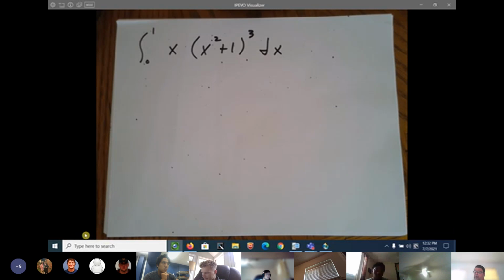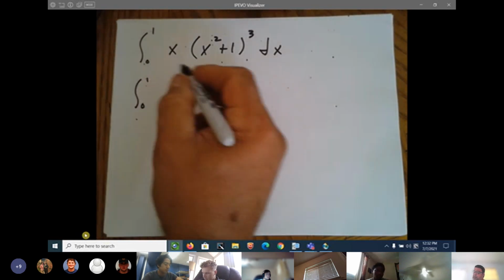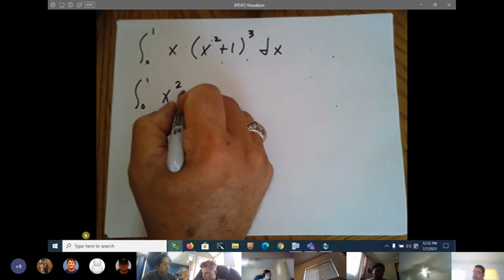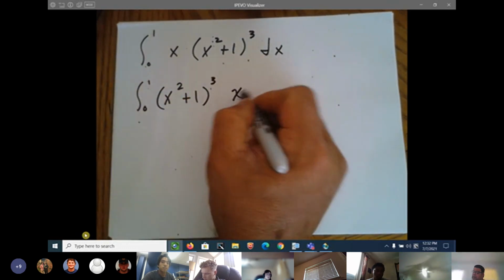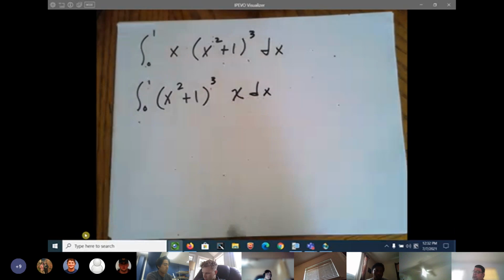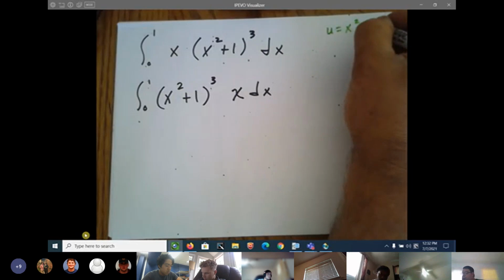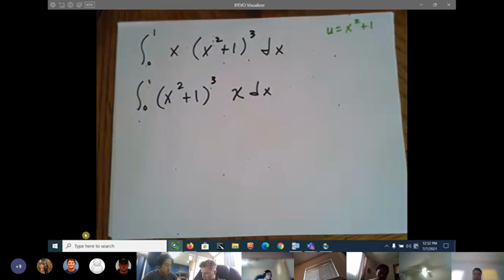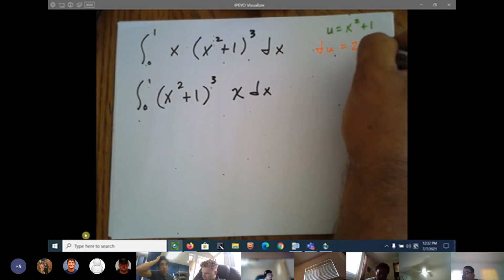First thing I'm going to do is rewrite it. The integral from 0 to 1 of x squared plus 1 to the third power times x dx. And of course, u is going to be x squared plus 1, and du is going to be 2x dx.